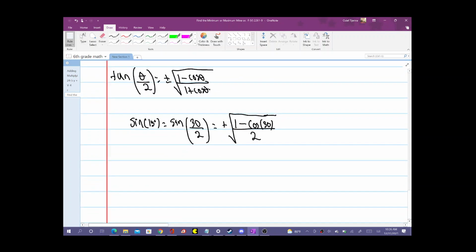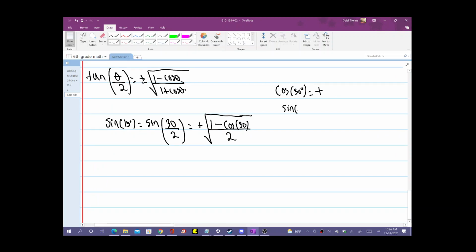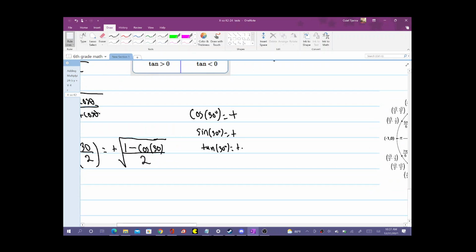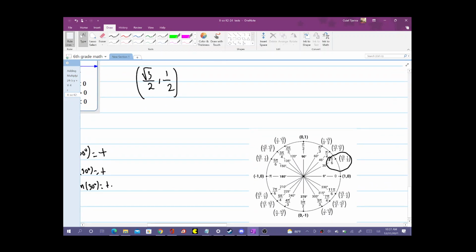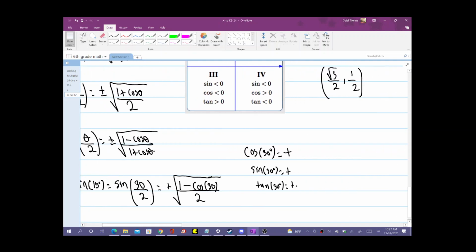So the cosine, sine, and tangent of 30 degrees are positive. The cosine of 30 degrees is the x value of the coordinate that corresponds to pi over 6, which is square root of 3 over 2. So that's for the cosine.